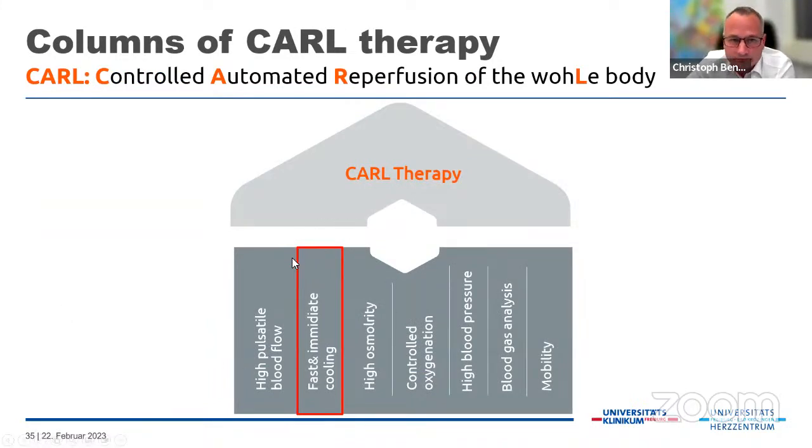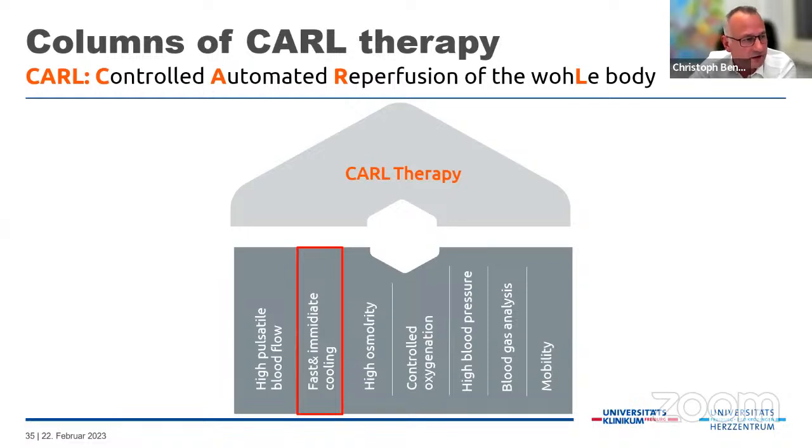One column is the fast and immediate cooling of the patient. Therefore, we developed our own system in cooperation with a startup company from the university hospital.